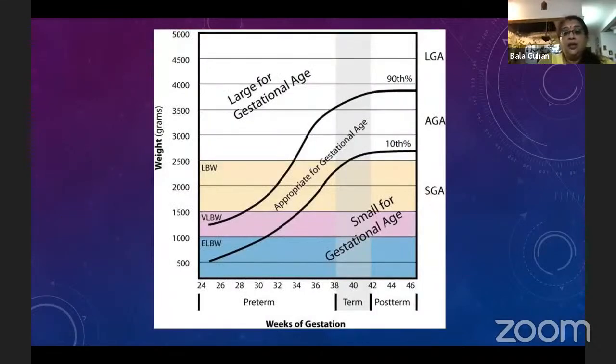And here I have the chart for assessing the babies. Large for gestational age comes more than the 90th centile, and small for gestational age comes below the 10th centile.